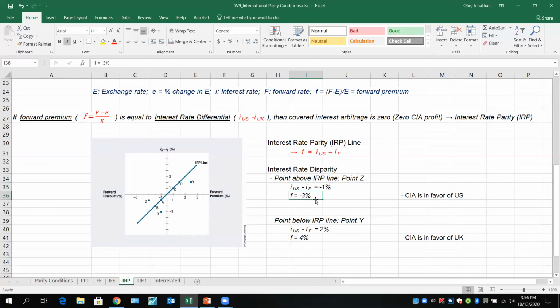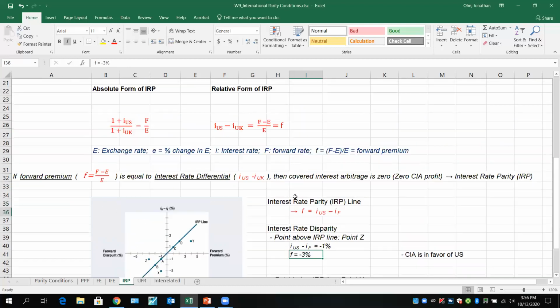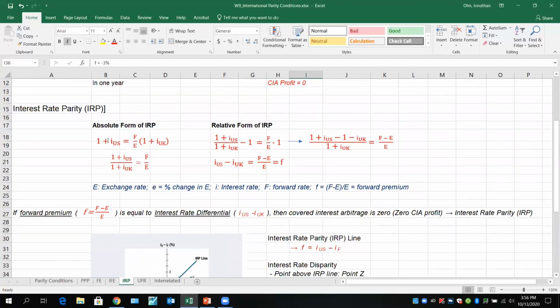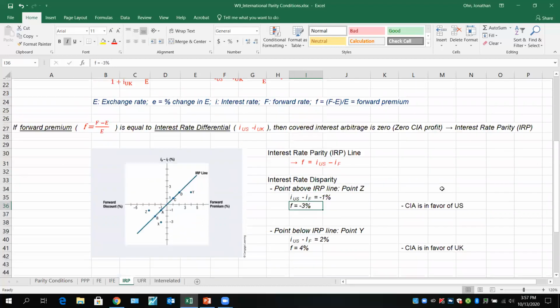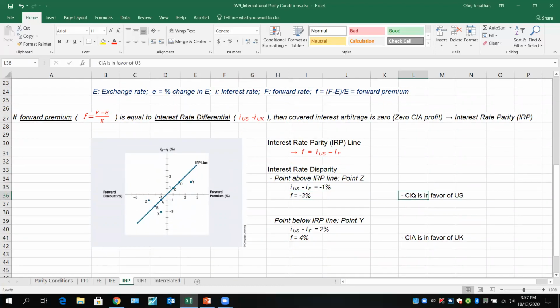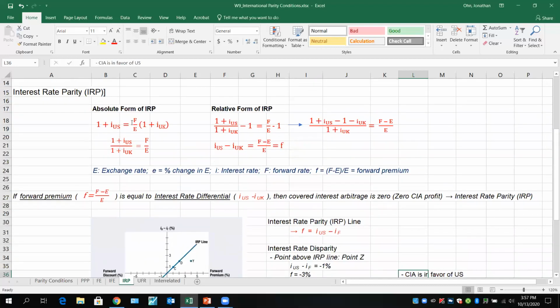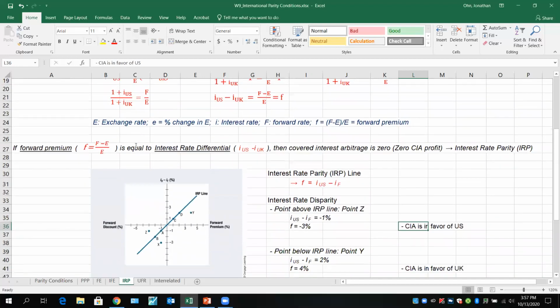All right. In this case, this one is much lower than this one. This one is much higher than this one. What does it say? Covered interest arbitrage is in favor of the US, of course. So in this case, what happens is this one is -3, this one is -1.